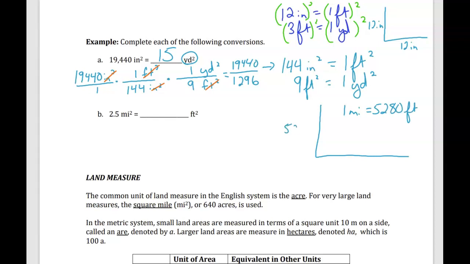So if I have 5,280 feet here and 5,280 feet here, 1 mile times 1 mile, 1 mile squared is going to be 27,878,400 feet squared. Yeah, that's a lot.